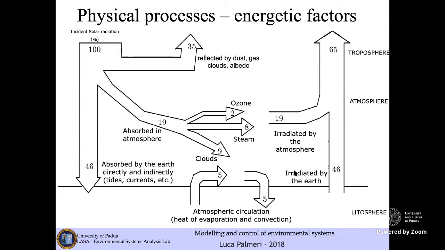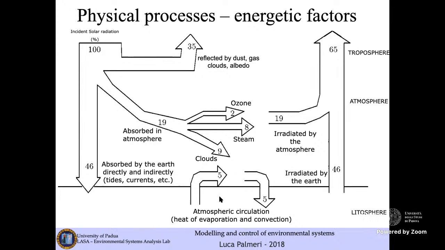Of this 46% absorbed by the Earth, we have a complete re-emission from the lithosphere into the atmosphere, the 46%, and this is then given back to the gases in the atmosphere. And I remind you that only a very small quota of this energy, just 5%, is responsible for atmospheric circulation.